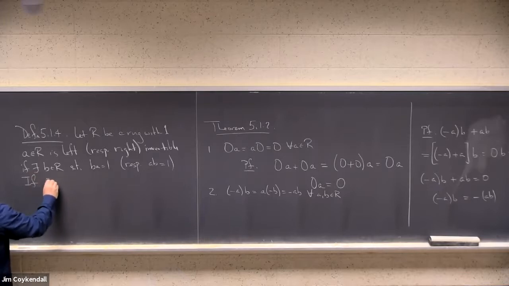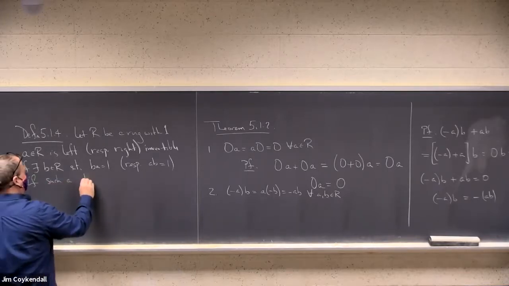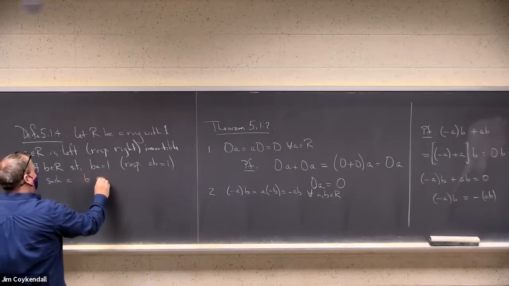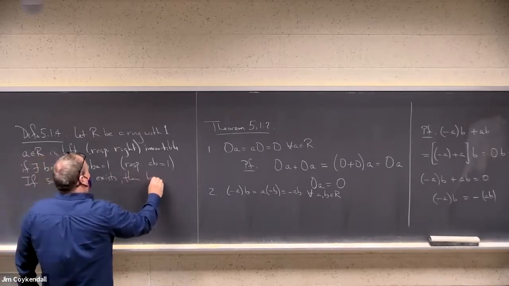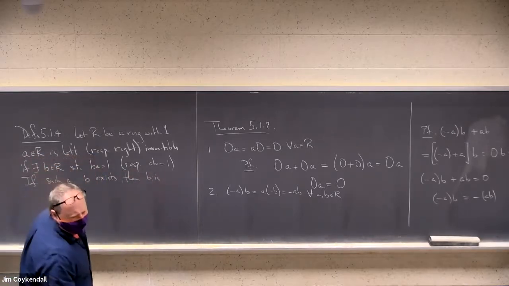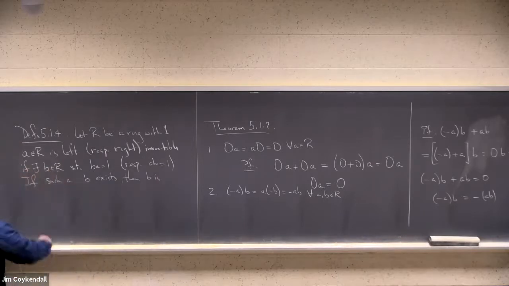If such a B exists, then it's called the left, but right inverse, right?